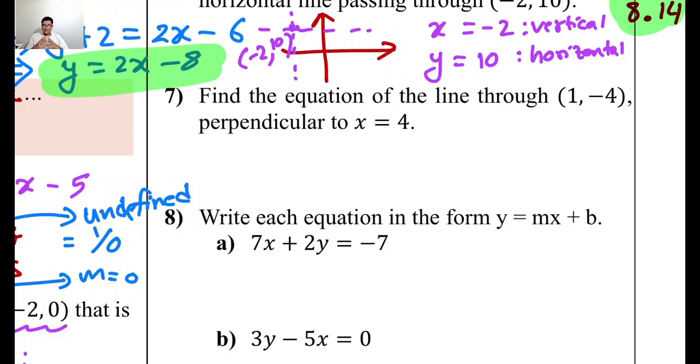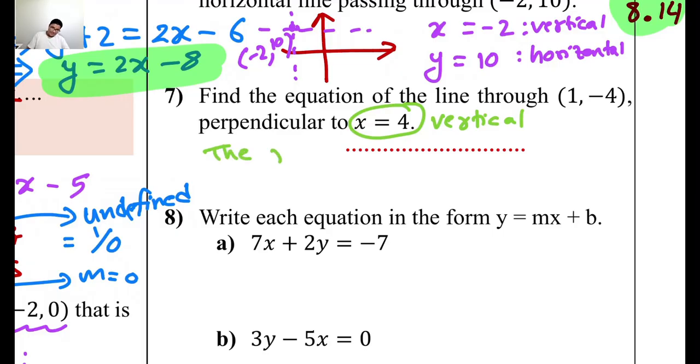Next, find the equation of the line through that point and perpendicular to x equals 4. Another concept question. Perpendicular to x equals 4. Now remember, x equals 4 is a vertical line. So what is the line we are looking for?